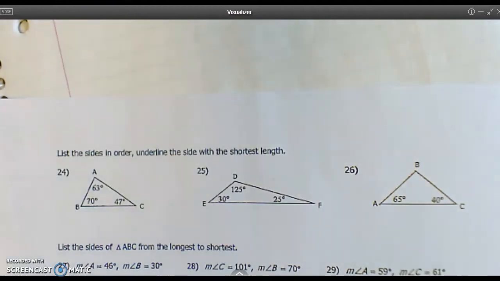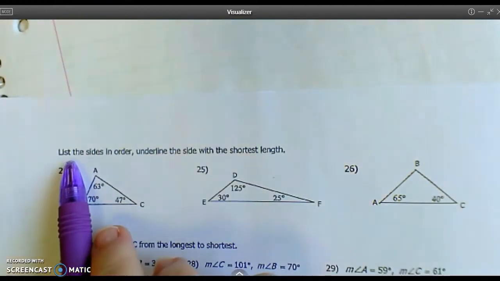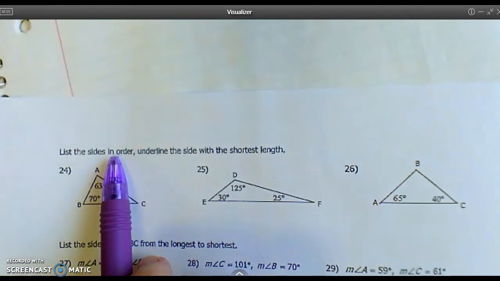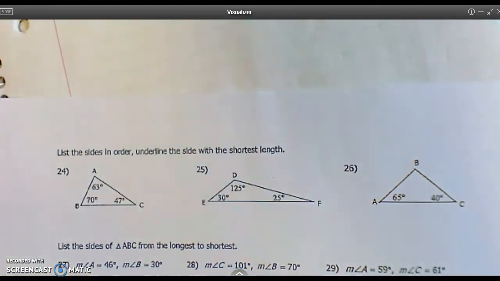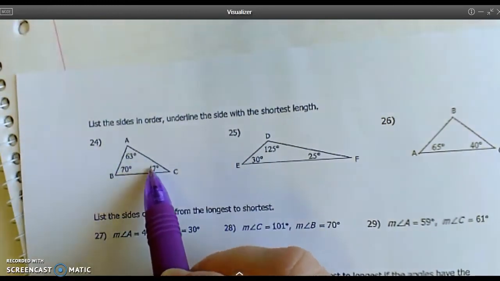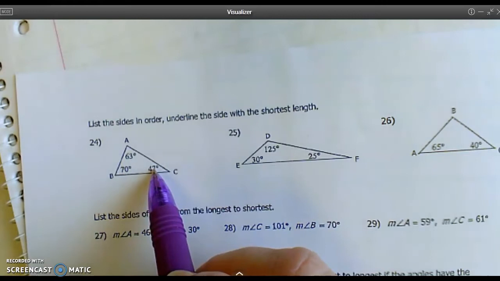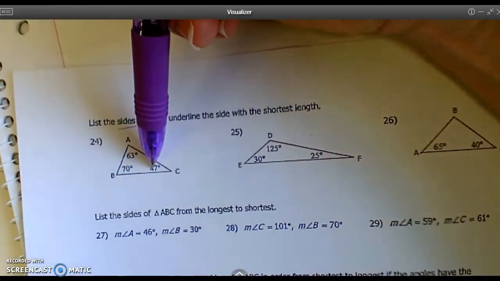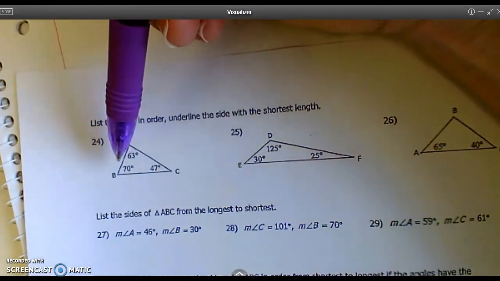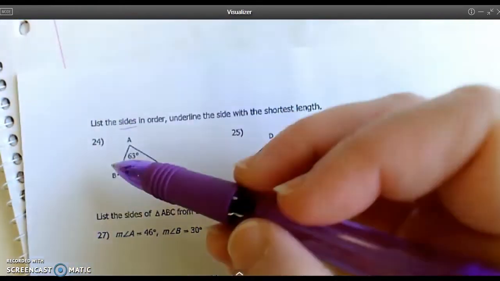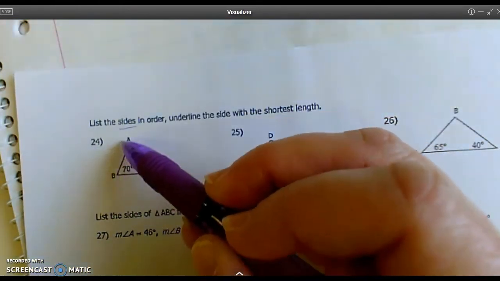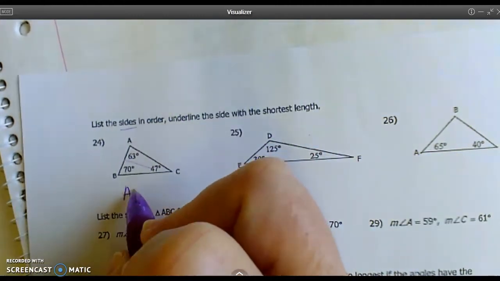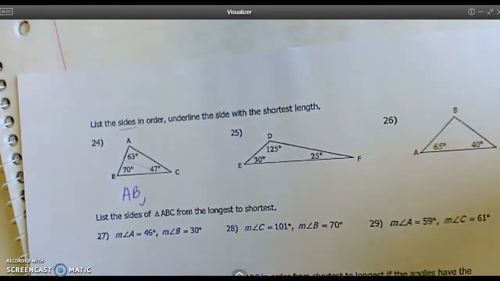Okay, notice that we have some problems here, and it says list the sides in order. So in these problems, they gave us the angles, and they want us to put the sides in order. So looking at the angles, this one is the smallest angle, and because they want sides, I got to think about what's across from it. So across from 47 is this side right here, which is AB. That means AB is the shortest.